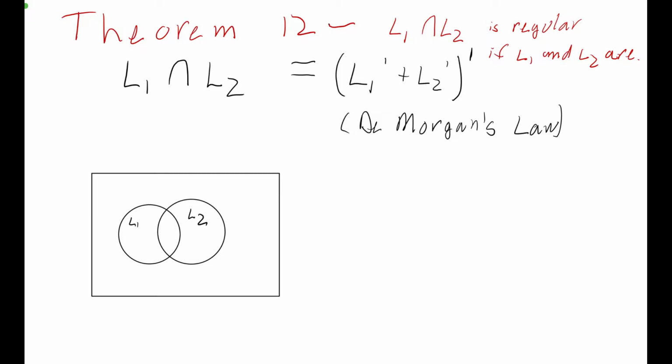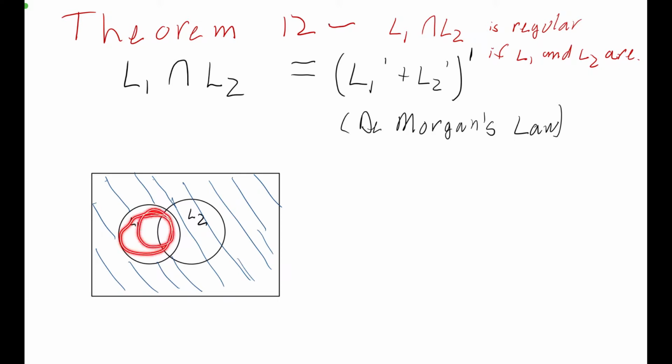So just so we can see this happen visually, if we take language L1 and complement it, I'm going to highlight everything that is not in language L1. So that's everything that's outside of the L1 circle, including the stuff that might be in L2. Now, if you notice, what I did not highlight is all of this, including what's called the intersection between these two sets.